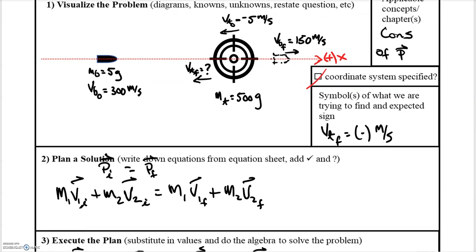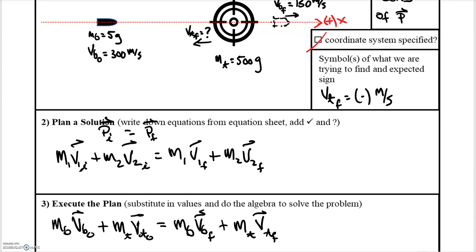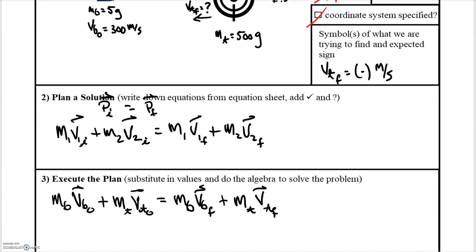We can apply that to our situation where we have the mass of the bullet times the initial velocity of the bullet plus the mass of the target times the initial velocity of the target is equal to the mass of the bullet times the final velocity of the bullet plus the mass of the target times the final velocity of the target. None of these quantities are zero because we have movement in the initial start of the problem, and then we're expecting movement in the final.